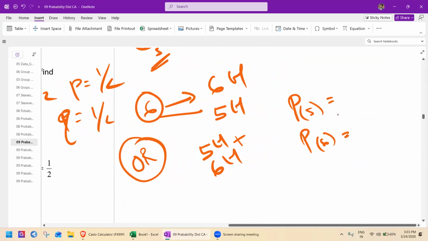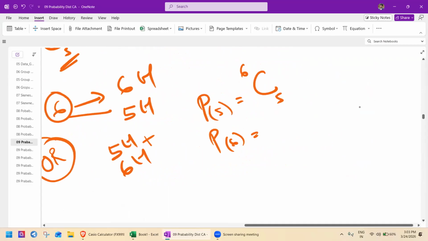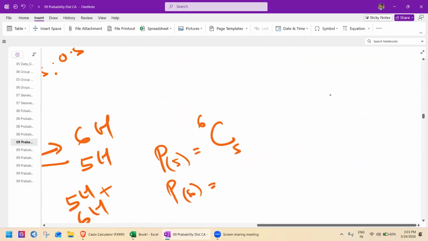Let's see. Probability of getting 5 heads equals nCr, here n is 6, r is 5, and p, you know that p, p^r q^(6 minus 5), equals 1. We know that p equals 0.5.